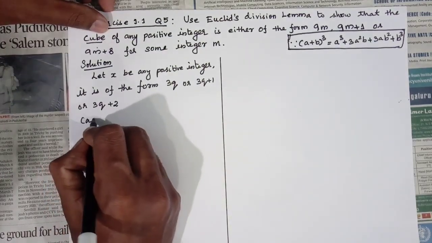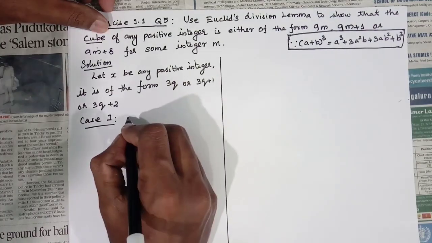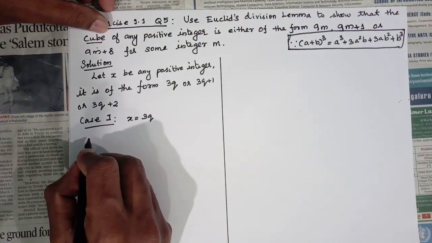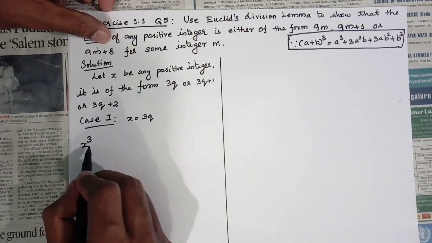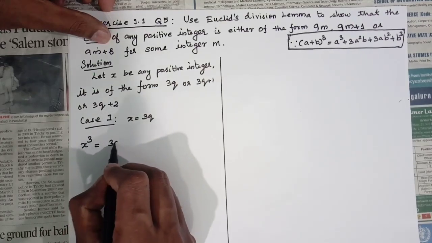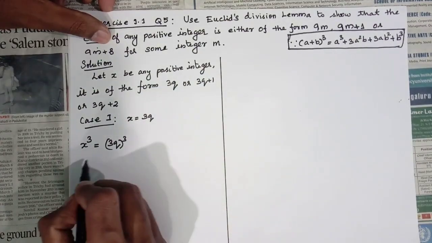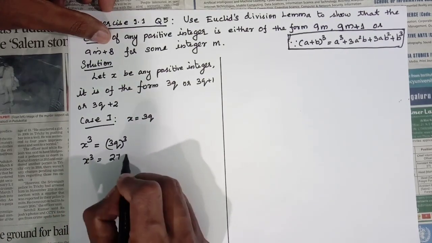So first, case 1. We are taking x is equal to 3q. We have to cube it, so cube on both sides: 3q whole cube. When you cube, 3 cube is 27.